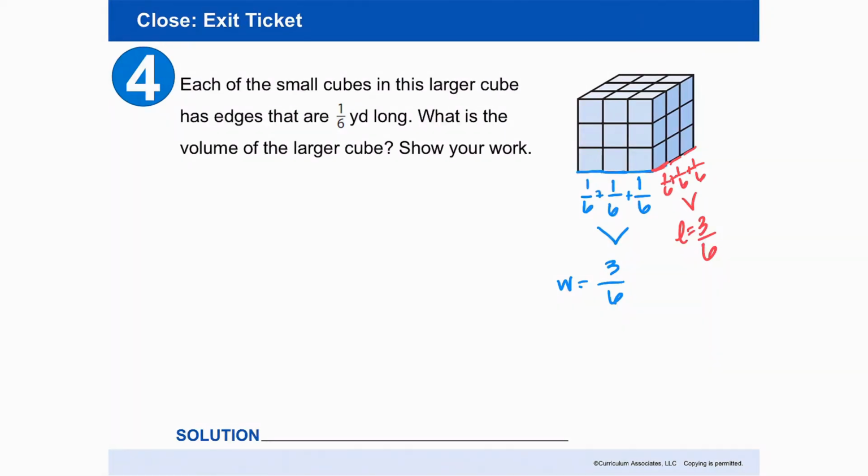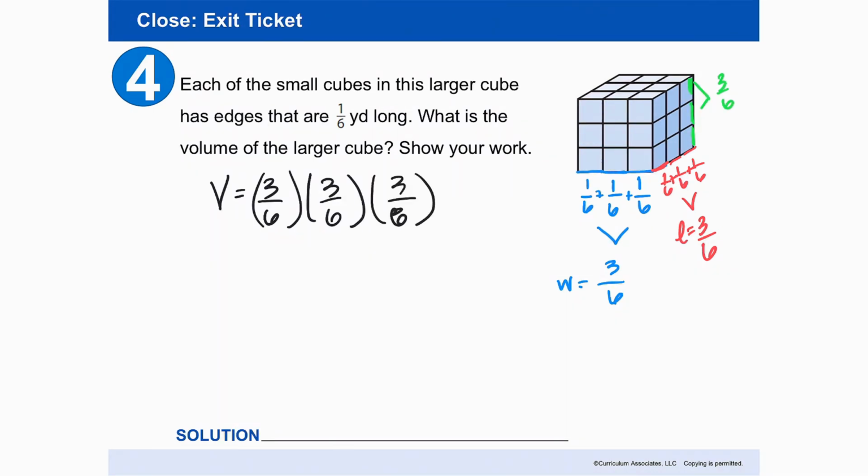And then what can we imagine if this is a cube and everything is going to be symmetrical? We can assume that our height is also going to be 3/6. So this is 1/6, 1/6, 1/6 all together. That's 3/6. So now what we need to do is our volume, which is 3/6 times 3/6 times 3/6.